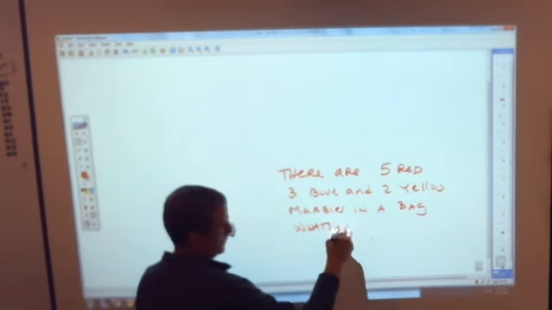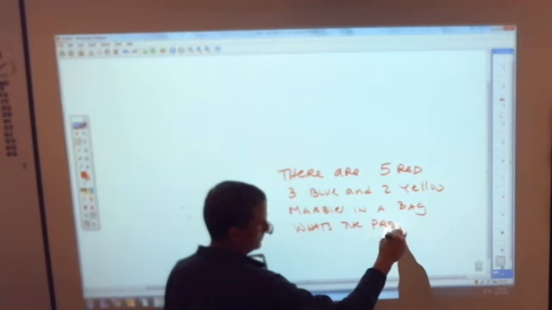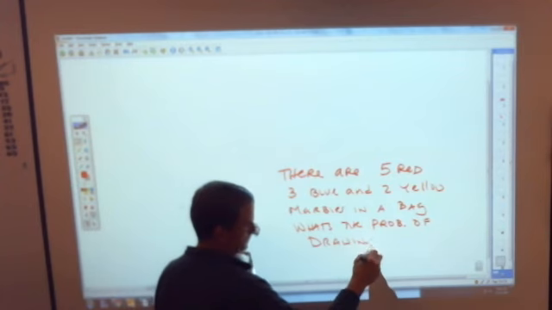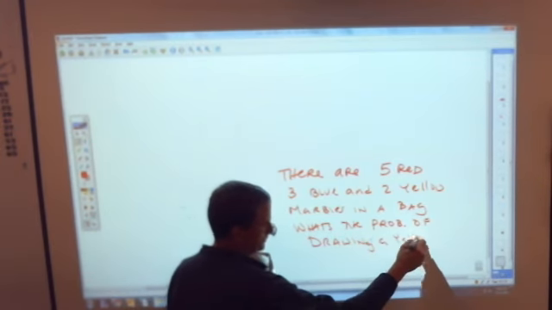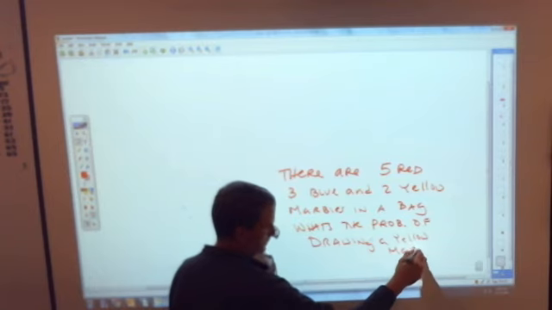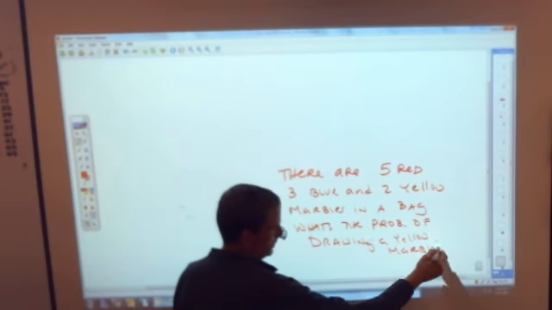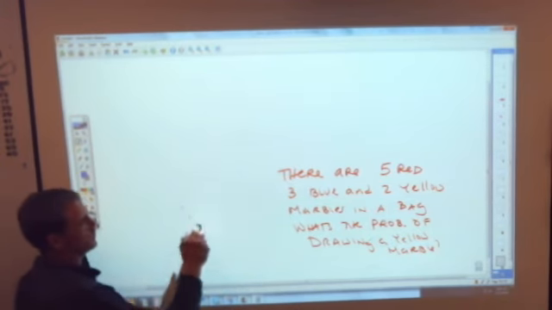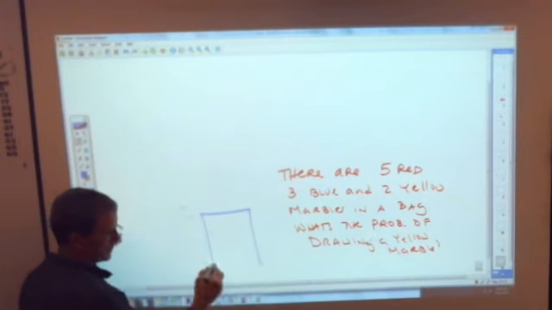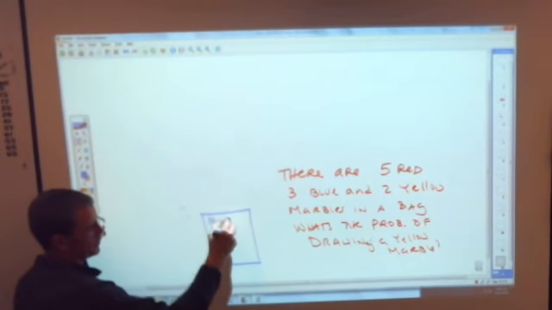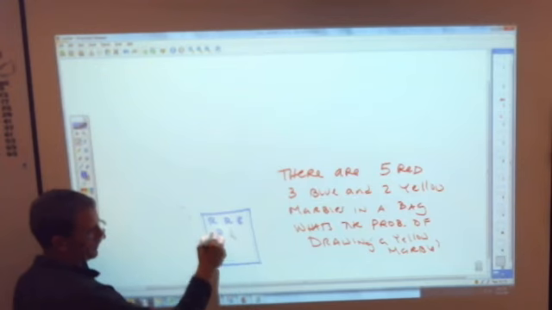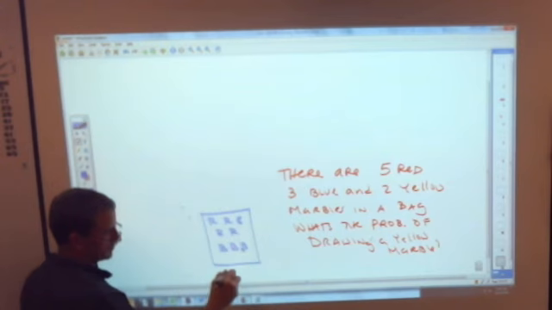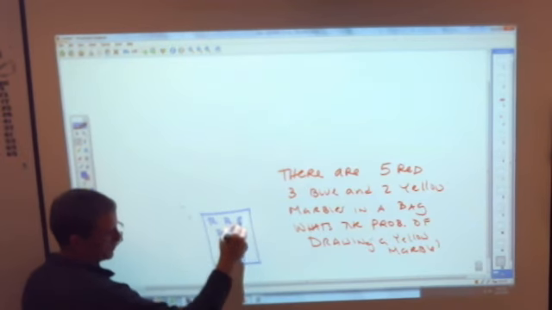What's the probability of drawing a yellow marble? If this comes up on your homework, I would very much like to see you sketch out a nice little bag so you can see this. What do I have? 5 red marbles. So there's my 5 red marbles. 3 blues, blue, blue, blue, and 2 yellows, just so you can see.